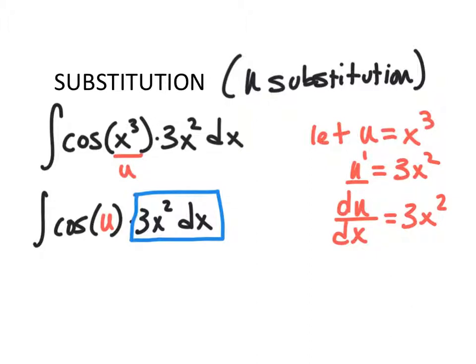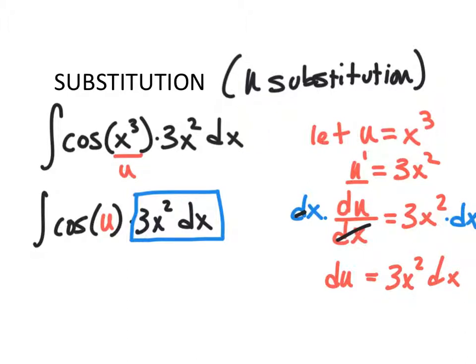Technically speaking, we're not allowed to do this, but this is how I explain it. If I multiply both sides by dx, then these dx's go away, and you're just left with du is equal to 3x squared dx.